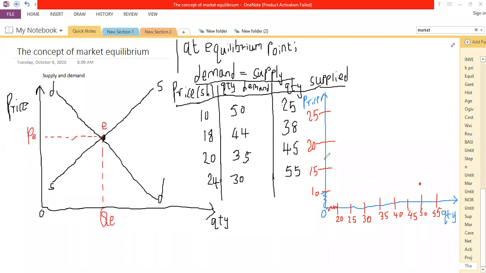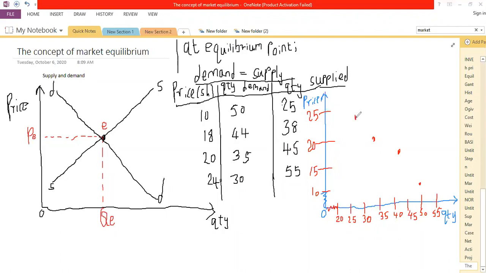Price of shillings 18, slightly higher than 15, we have 44 units, slightly less than 45, somewhere here. At a price of shillings 20, we have an amount of 35 units, somewhere here. And lastly, at a price of shillings 24, we have 30 units. Again, you come and do your plotting there.